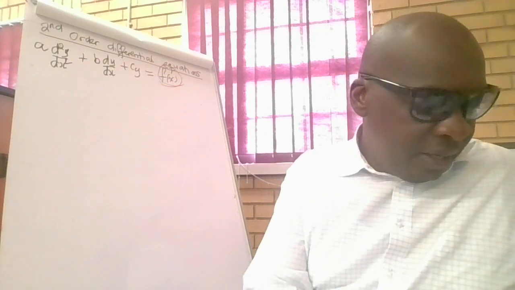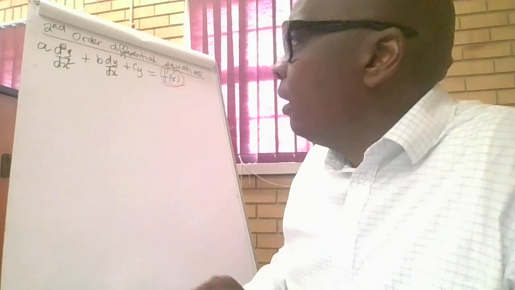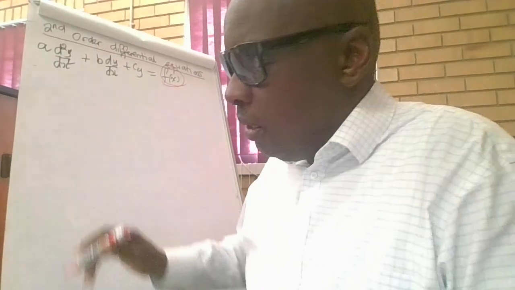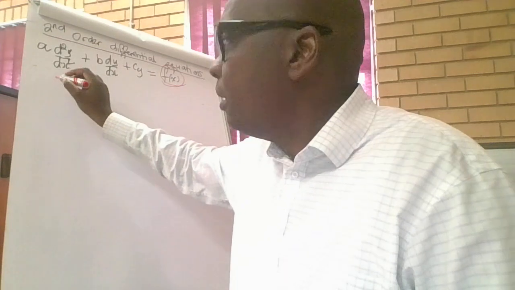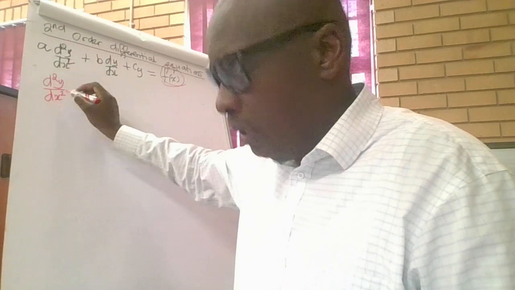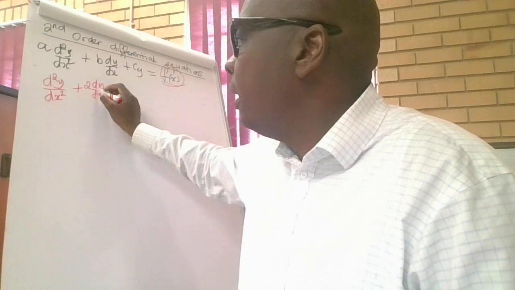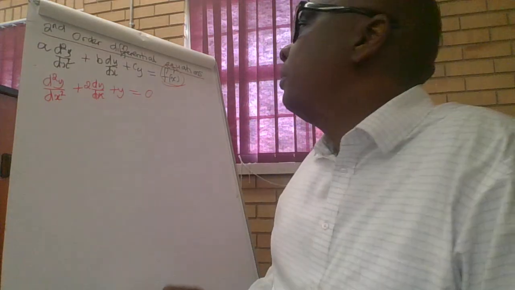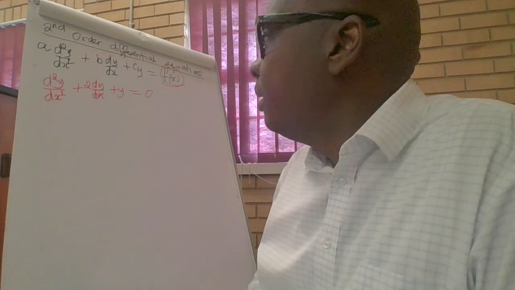If we are given the following differential equation to find a solution, we have d squared y by dx squared plus 2 dy by dx plus y is equal to 0. So solve the differential equation.